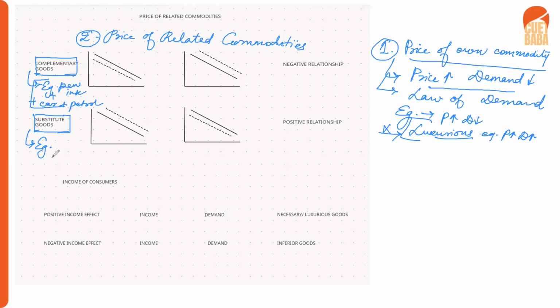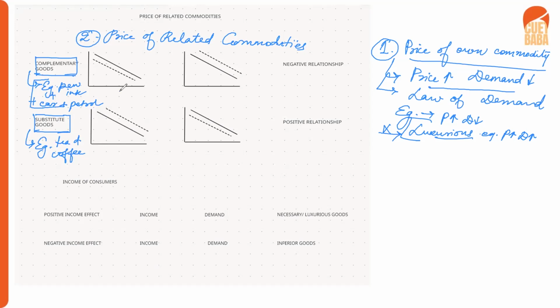The name itself suggests that. For example, tea and coffee. If the price of tea increases, someone would prefer to buy coffee if its price is lower. So these are the examples of substitute and complementary goods.